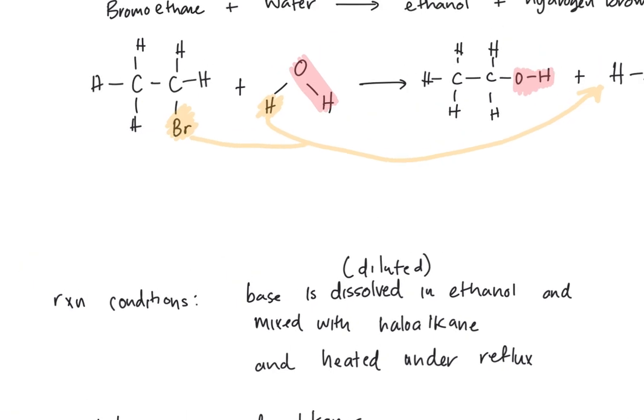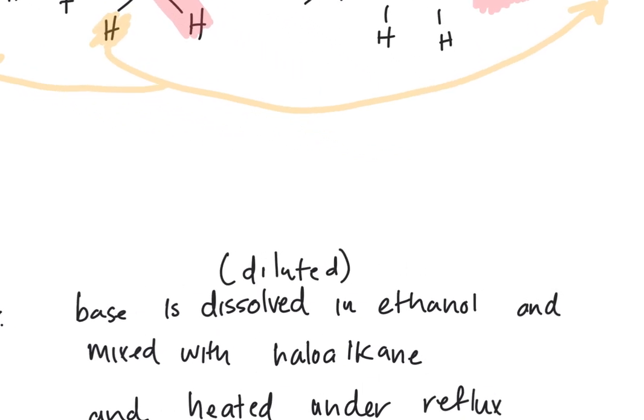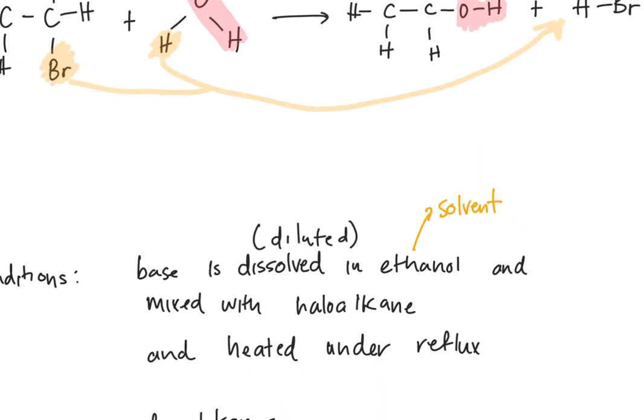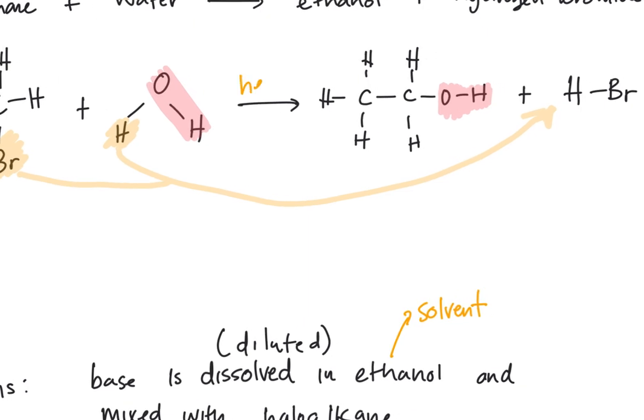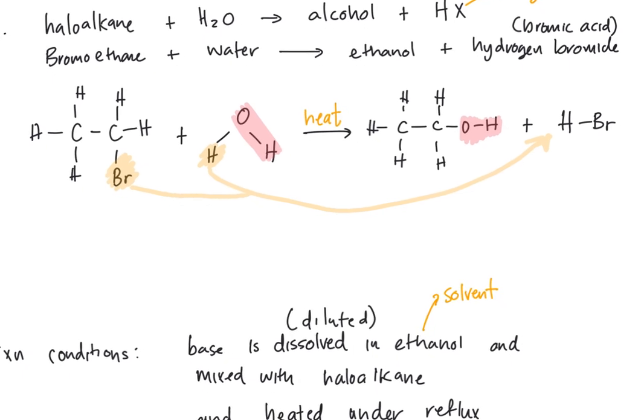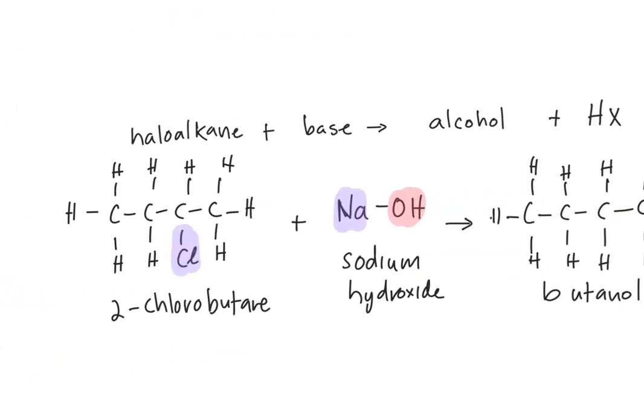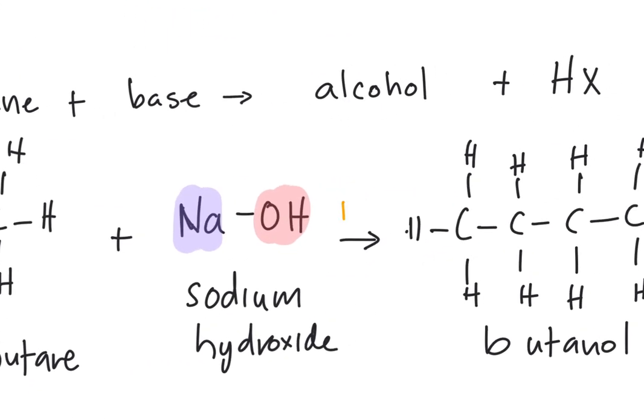So the base is a diluted base, and the solvent that they're using, so here ethanol is the solvent, and mixed with the haloalkane and then heated under reflux. So again, you can add heat to this reaction, just above the arrow.